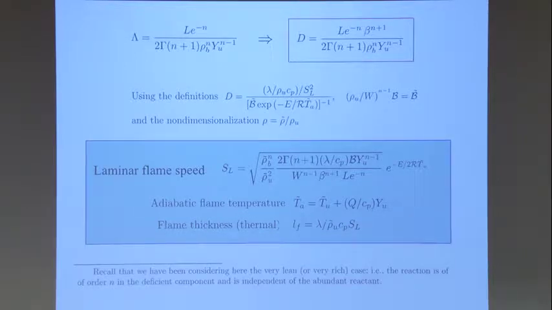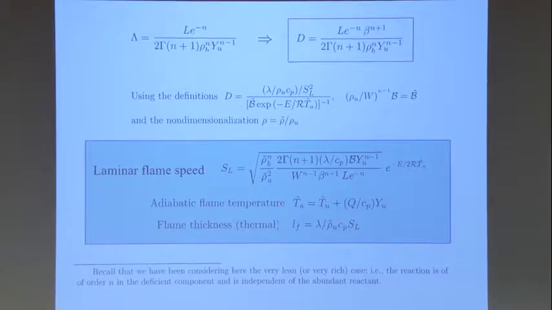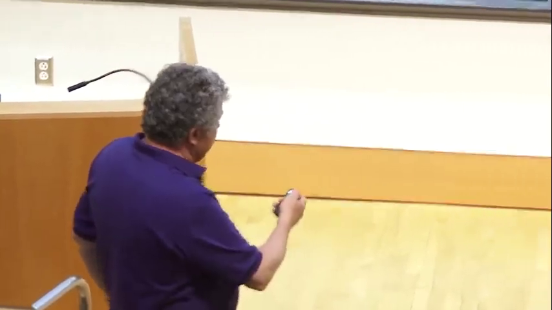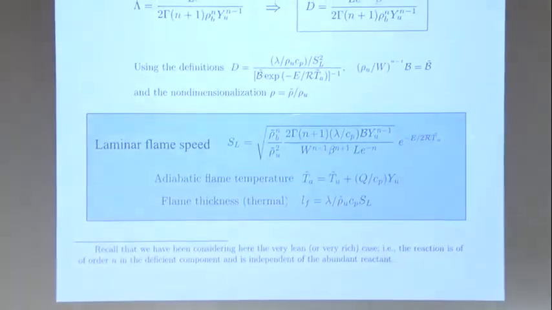Usually the activation energy is large, otherwise combustible material will explode or blow up immediately as you store them. And we have seen yesterday how sensitive the reaction rate is to temperature from unburned to the adiabatic temperature. So this is the expression.